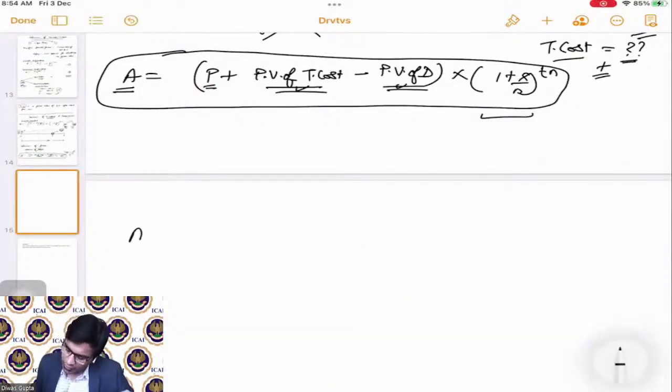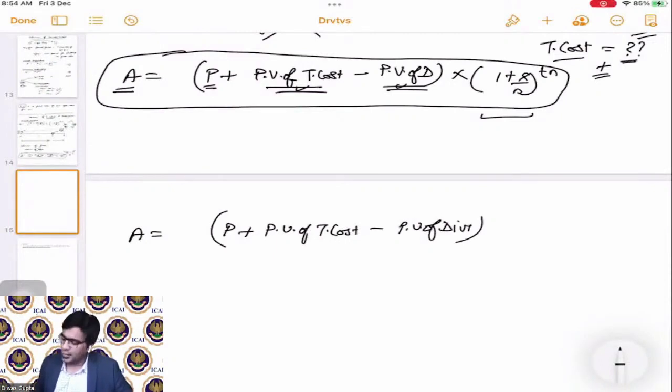Now let us talk about continuous compounding. There also it will look like this only: present value of transaction cost minus present value of dividend, correct? Multiplied by E raised to the power RT. Simple. Correct?